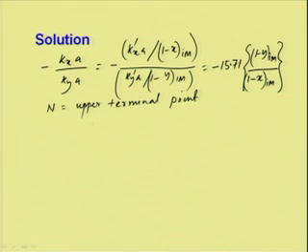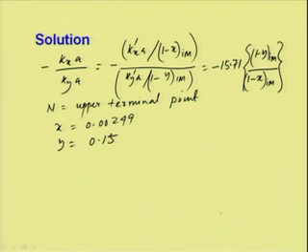So, the value at this point is x equal to 0.00249 and y equal to 0.15.